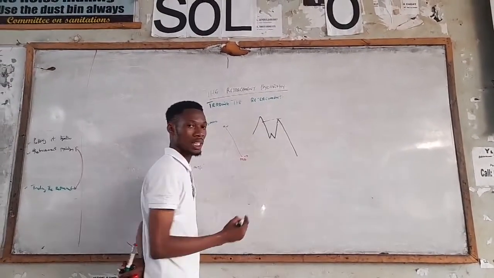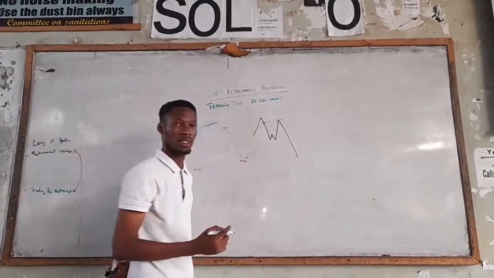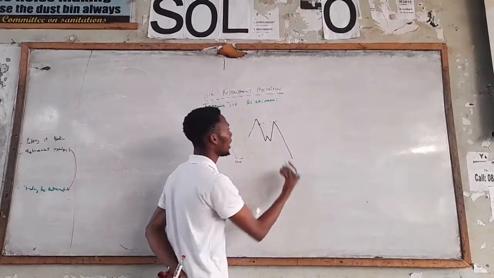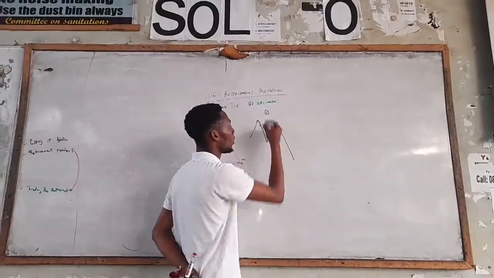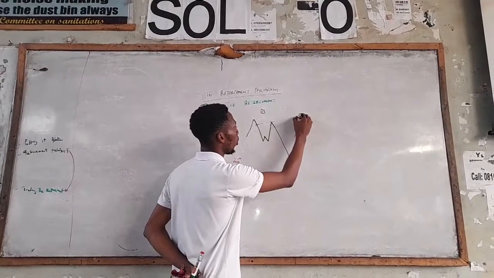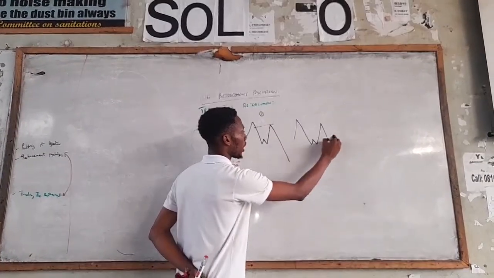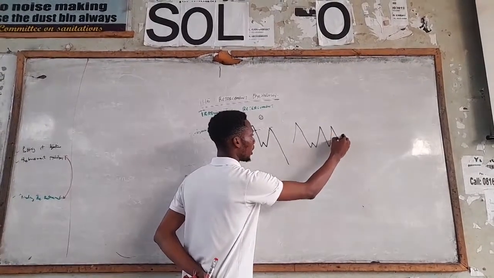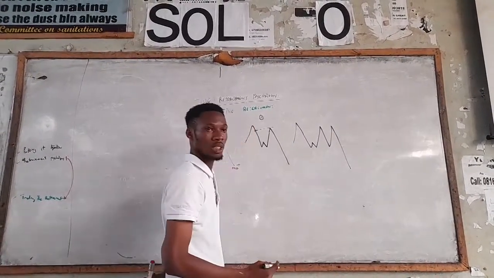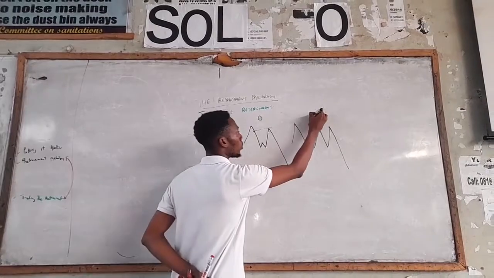Then they drop to our targets. Now this is the first style. The second style, price might decide to do this. Up, drop, reverse back, then drop. This is style 2.